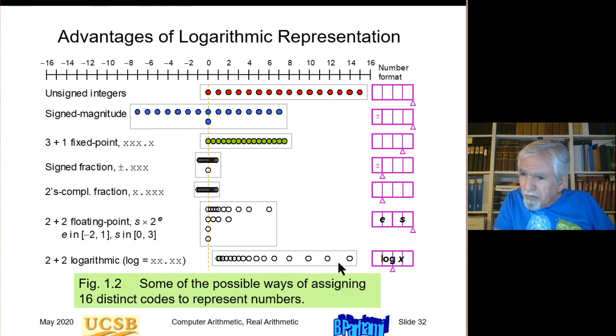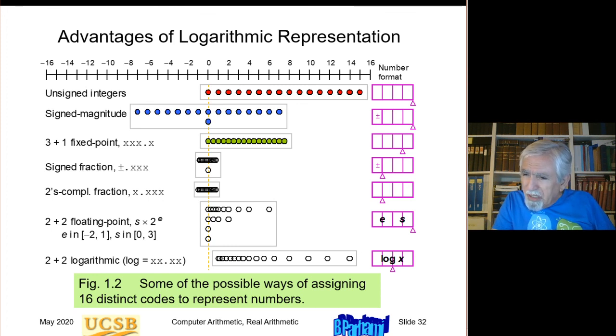So if you compute the relative error for numbers in this range, in this range, in this range, they're all about the same. Whereas in floating point, that value changes because of those tick marks that I showed you in an early diagram in this chapter. The tick marks have wide spacing for a while, then they become smaller, then smaller.